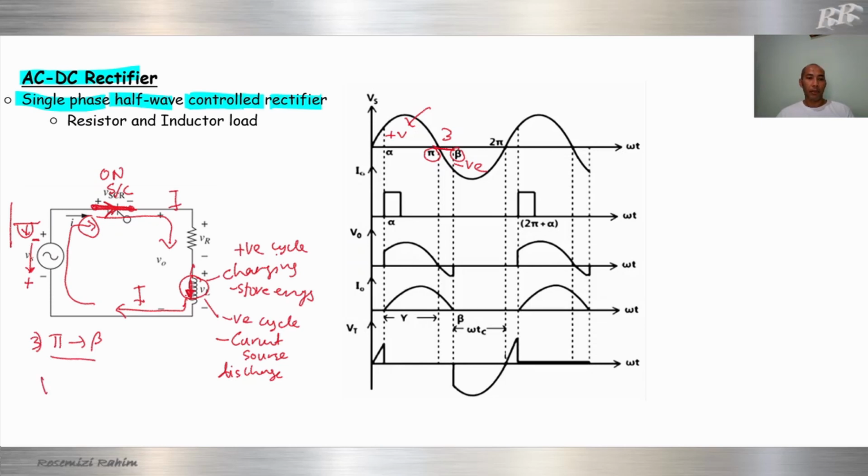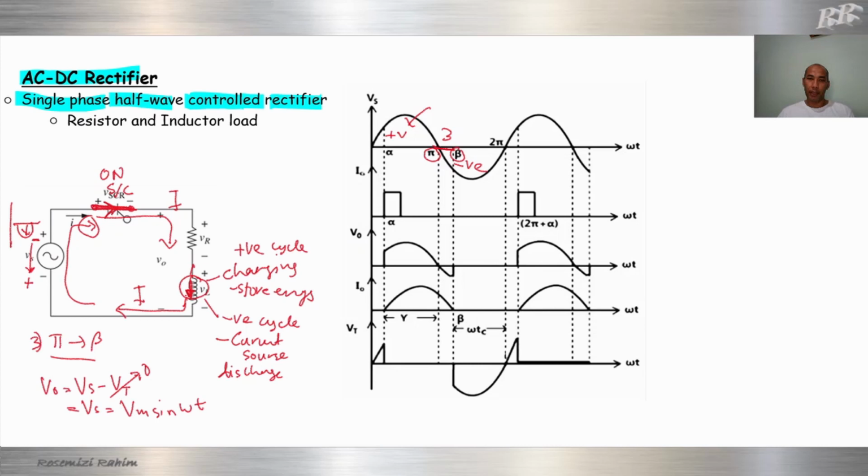How about V out? V out equals Vs minus Vt. Vt is V thyristor, which equals 0. So V out equals Vs equals Vm sine omega t. It means that V out is exactly the same as V input.